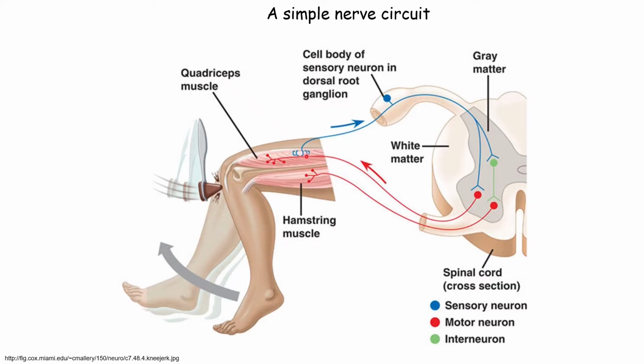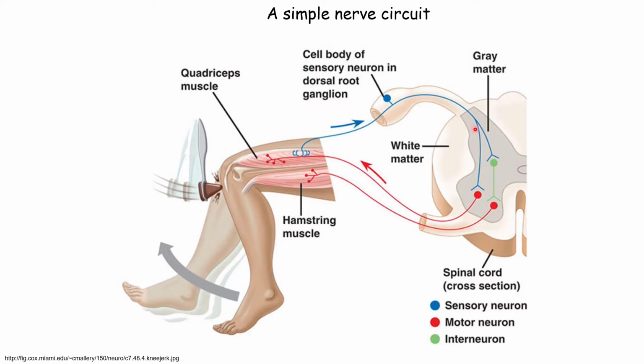So basically when the muscle is extended, the sensory neuron is activated, then the motor neuron is activated, and this activates the quadricep muscle. The activation of a muscle makes it contract, makes it become tight, and therefore this quadricep that had extended initially because of the hitting now actually contracts suddenly.